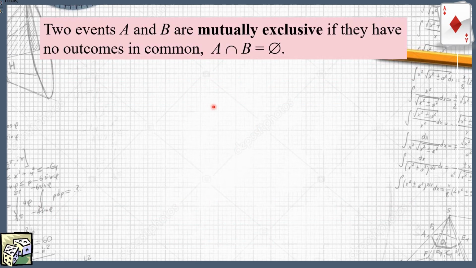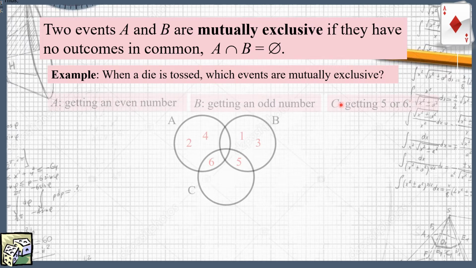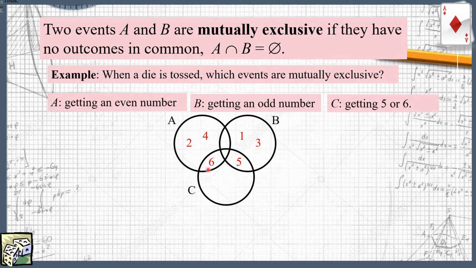Next is what we call mutually exclusive. Two events A and B are mutually exclusive if they have no outcomes in common or A intersection B is empty set. So kapag hinanap yung kanilang intersection is empty set. Let's say when a die is tossed, which events are mutually exclusive? So dito meron tayong tatlong set.